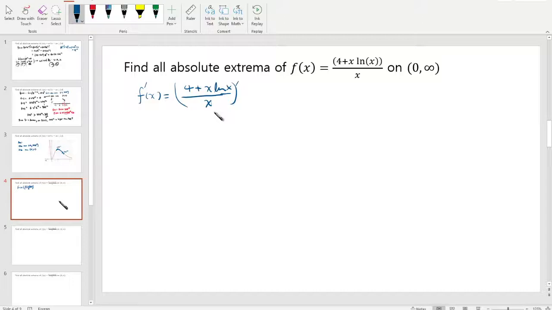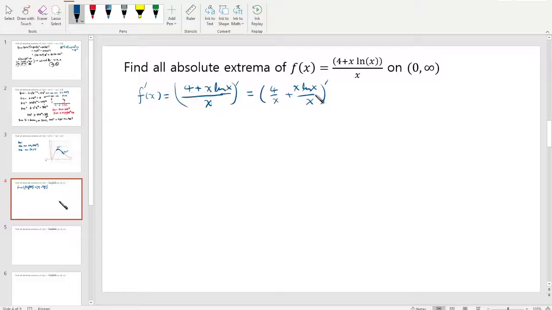You can rewrite this as x to the negative 1 times 4 plus x ln x and use the product rule. But the easiest way to differentiate this is actually to split this into two fractions so that it becomes 4 over x and x ln of x over x. You split this into two.